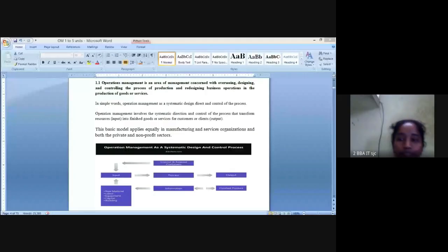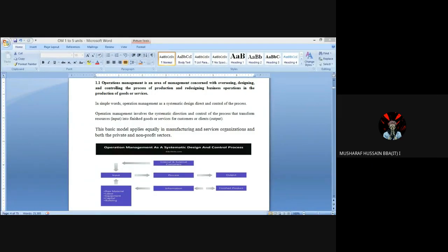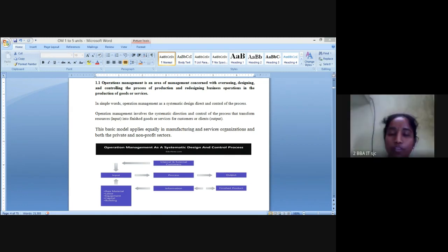What are the various departments that exist in an organization? Can anyone tell, if you have any idea about that? Marketing, finance, production, HR.